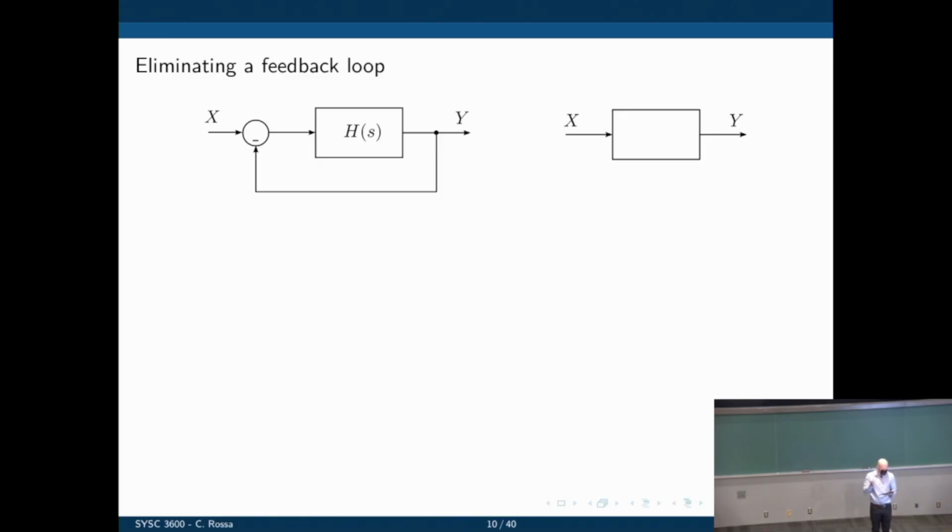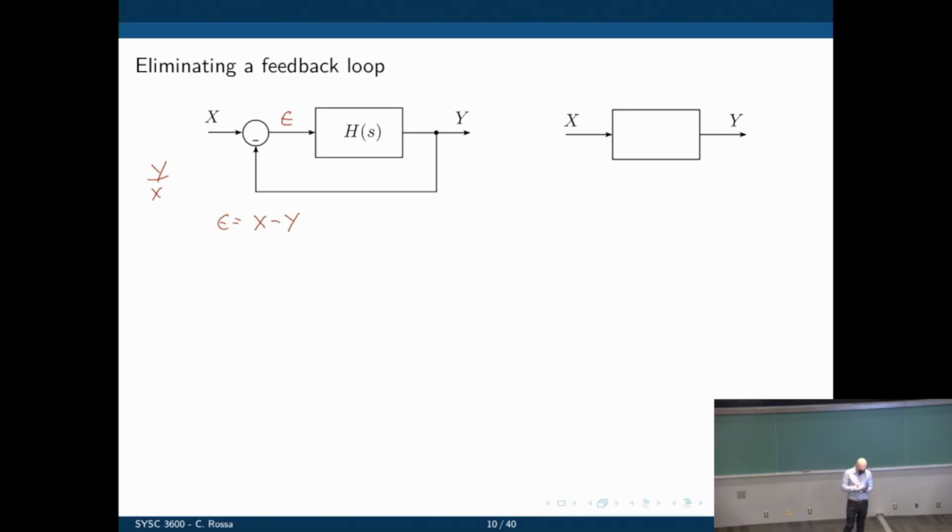The question is, what is the equivalent transfer function y over x? Well, to do that, let's start by creating an equation for y. If we call the signal here epsilon, what is epsilon? Epsilon is x minus y.